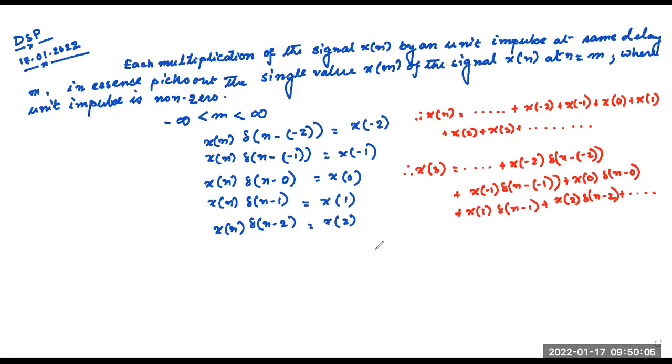So that gives us the generalized form: x[n] equals summation of m equals minus infinity to plus infinity x[m] into delta[n - m]. So this is the equation.